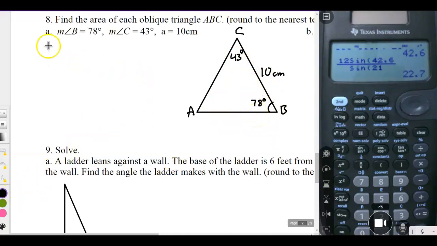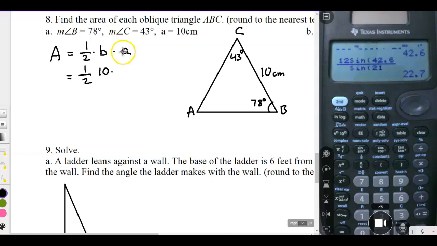So let's start just by getting our formula written out. 1/2 base times the height. And notice on here that our base is going to be 10 because we have that length. So base doesn't necessarily have to be on the bottom, right? It's just we have a side. Like if you want to rotate this and put 10 on the bottom, you can. But our base in this case is going to be 10.